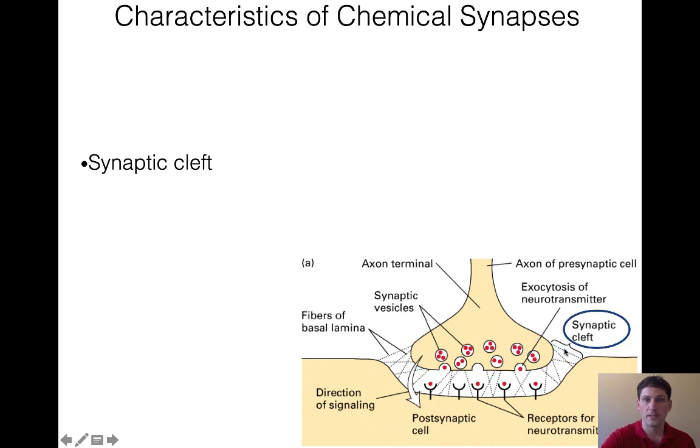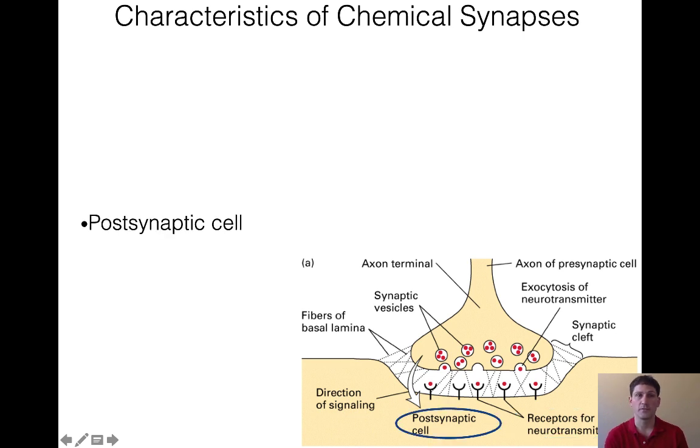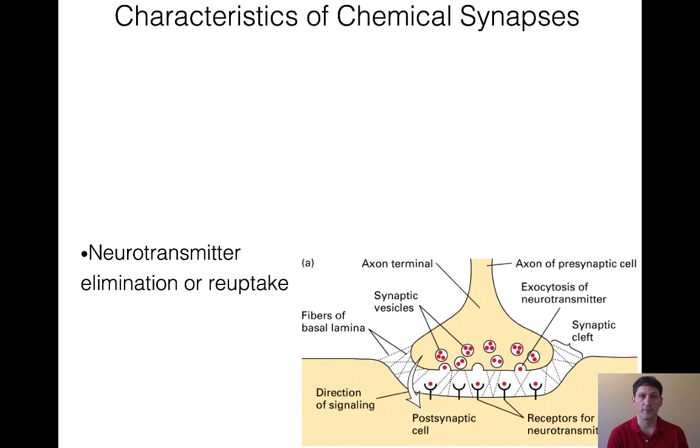There's a synaptic cleft, a small gap between our synaptic knob and our dendrite, or our postsynaptic cell. And on that postsynaptic cell, we have receptors for different neurotransmitters. If those neurotransmitters can bind to those receptors, then we're going to have some kind of opening or closing of those receptors.